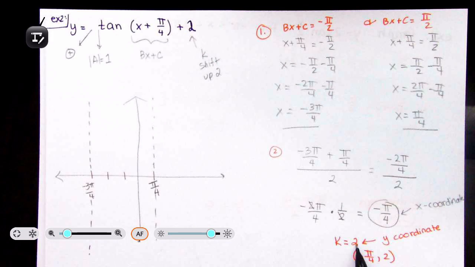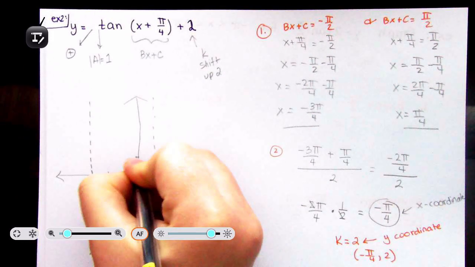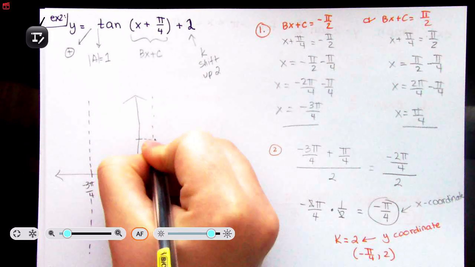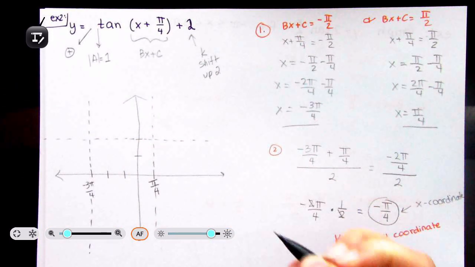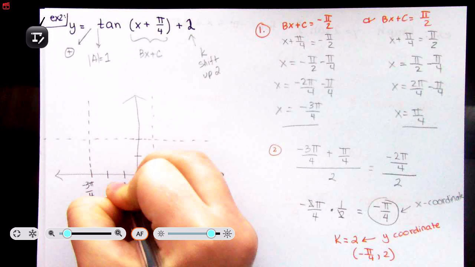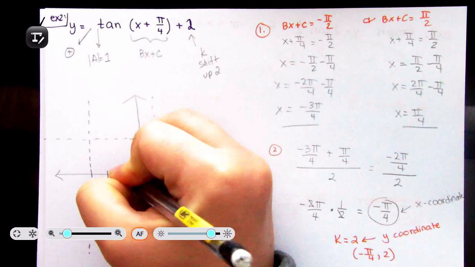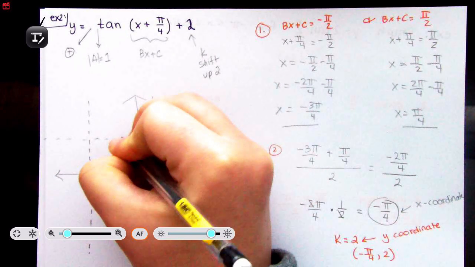Okay, so we have a midline at 2. So here's 1, here's 2. Okay, and then where's this point? At negative pi fourths, we are going up to our midline, which is at 2.